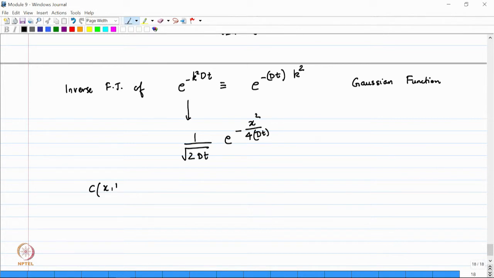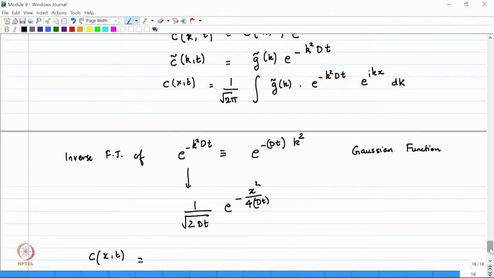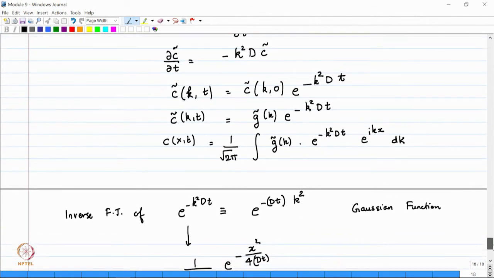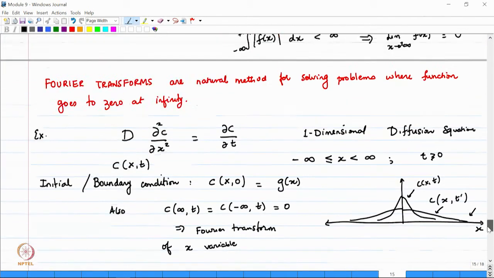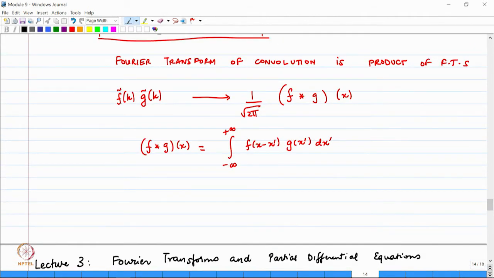Now, we can use the convolution theorem. The inverse Fourier transform of a product f tilde g tilde is 1 over square root of 2 pi times the convolution.